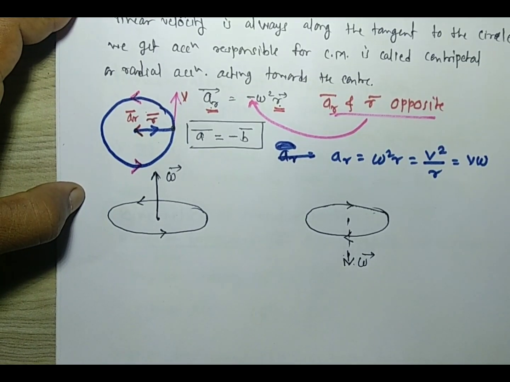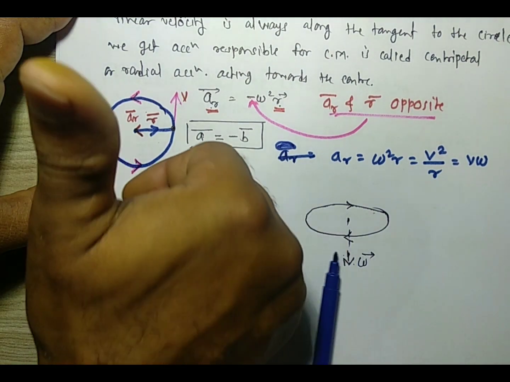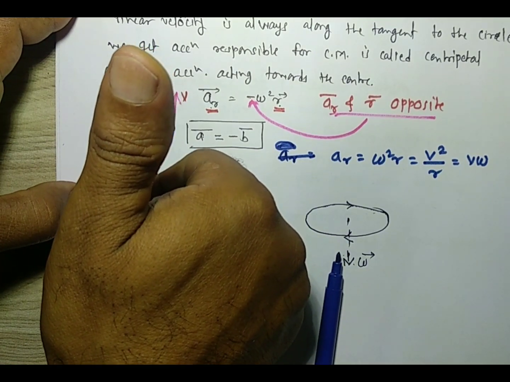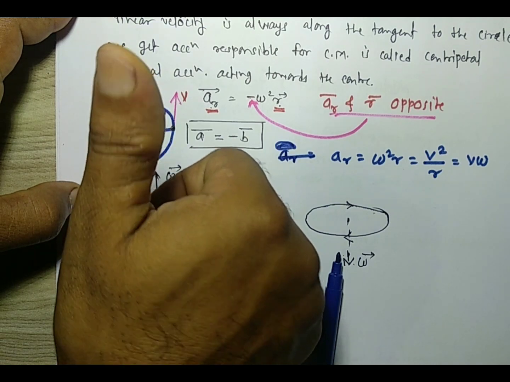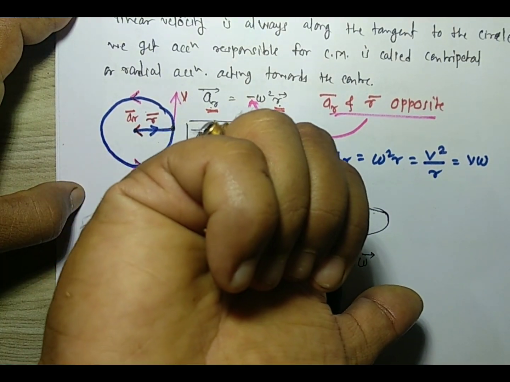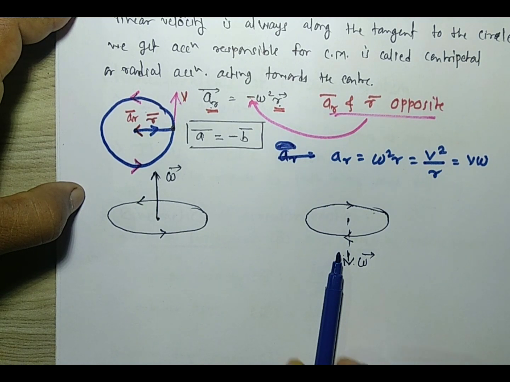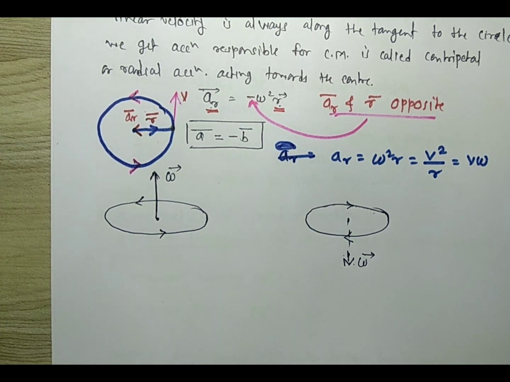If the particle is moving in this way and you hold the axis in your right hand, your stretched thumb gives the direction of the vector omega bar. If it is moving in this direction, the omega bar vector points downward. Like that, by using the right hand thumb rule you can find the direction of angular velocity. So now, non-uniform circular motion.